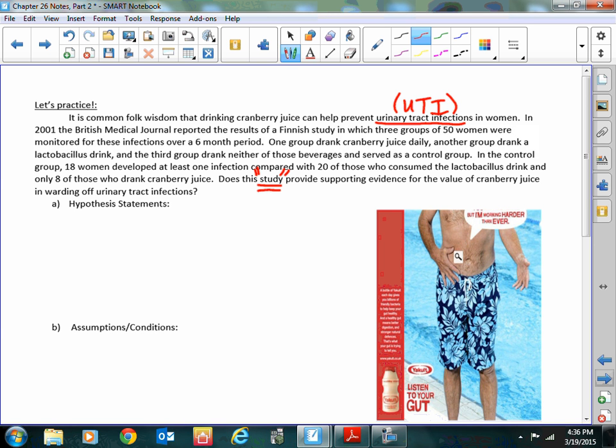I wonder if they randomly assigned them to a treatment group. So they randomly assigned them to a group that drank cranberry juice. So that was one treatment. Another group drank the lactobacillus. Okay, so that was the second treatment. The third was the control, so they were kind of like the placebo, or they did not drink either.